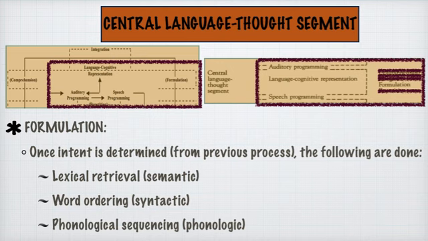So there is lexical retrieval. It is semantic in nature, you retrieve words, right? And then you order these words. Okay, how do I arrange these words? I have the words, now to arrange them. That's the syntactic. And then phonological sequencing, the sounds, you embed them in the words.